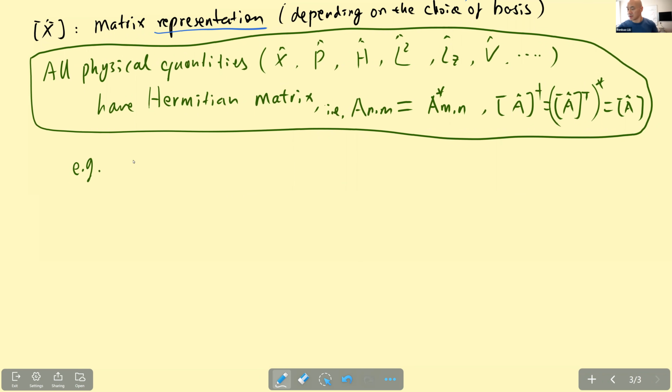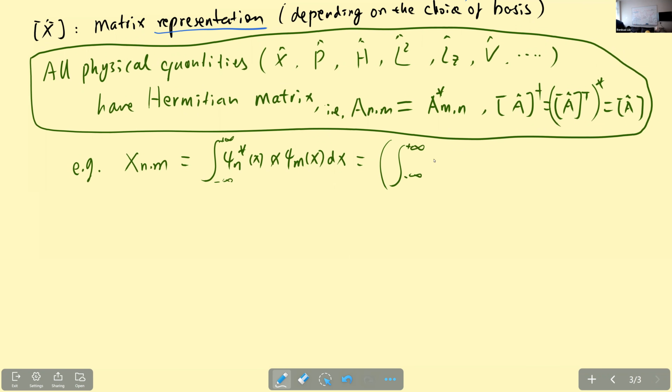So for example, let's look at x_mn. Okay. So this one, of course, according to the definition, let's just use the one-dimensional case as an example. You can easily generalize this to the three-dimensional case. And this one, of course, can be written out.